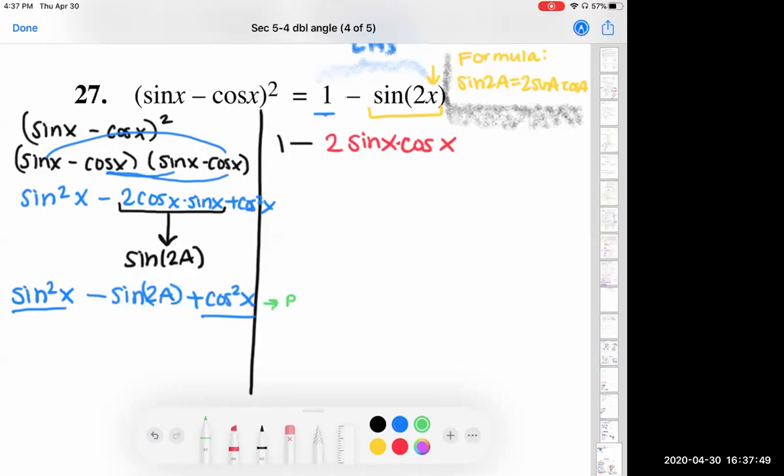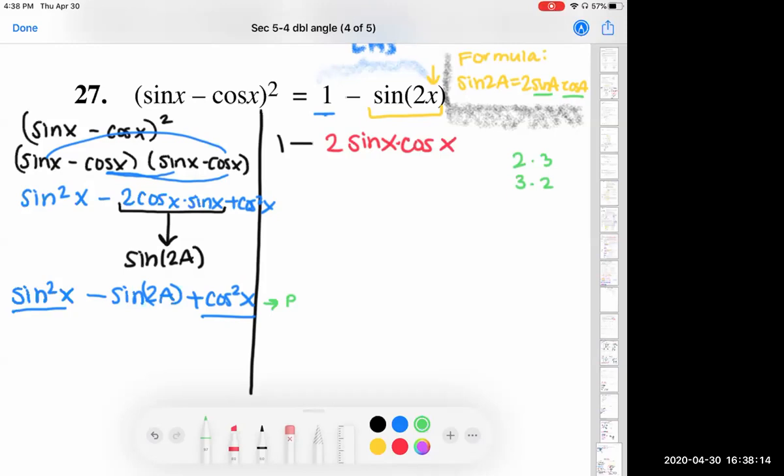Because sine 2a is 2 sine times cosine of a, rather than 2 cosine times sine? Multiplication doesn't have order, just like 2 times 3 is the same thing as 3 times 2. So I can have sine times cosine or cosine times sine. That's a very good question. Thank you for asking that.